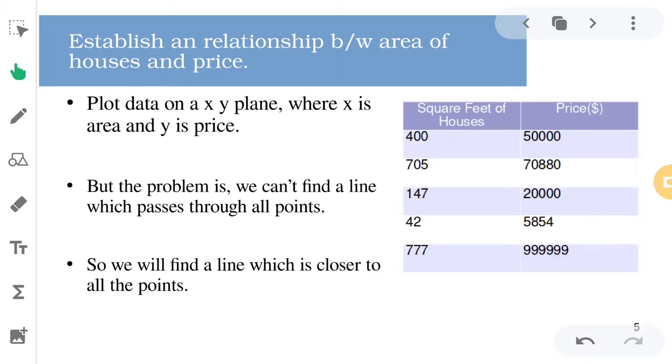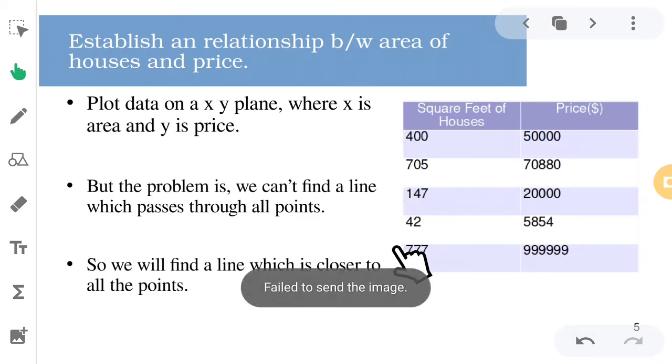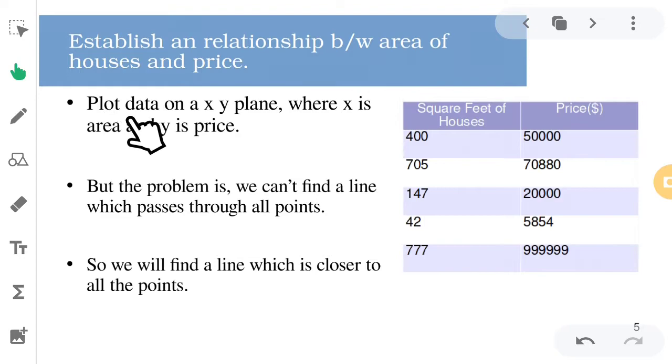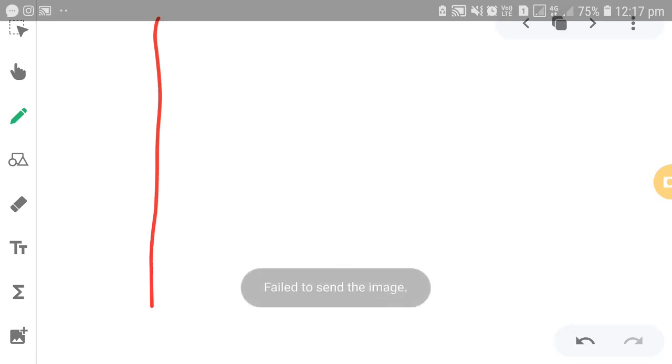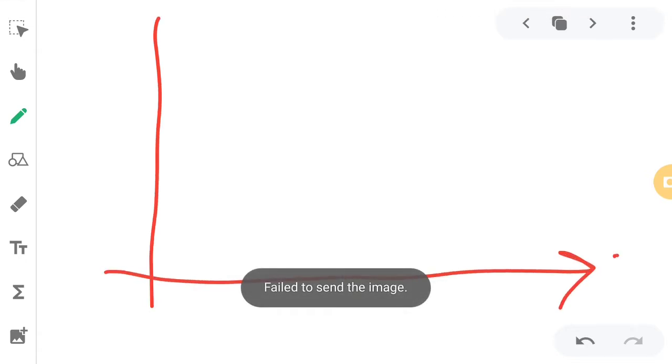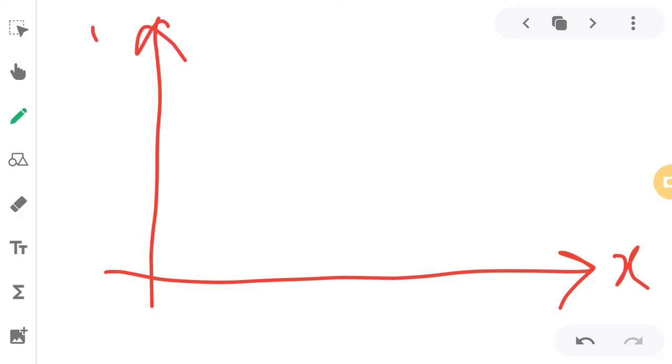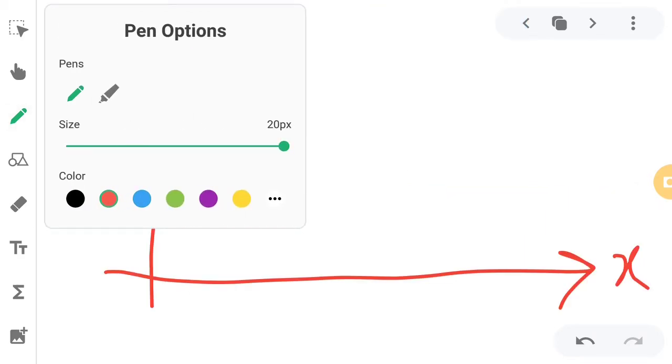Suppose we are given a data set where the area of houses and price of houses are given, so what we will do, we will plot the data on the xy plane where x is area and y is price.